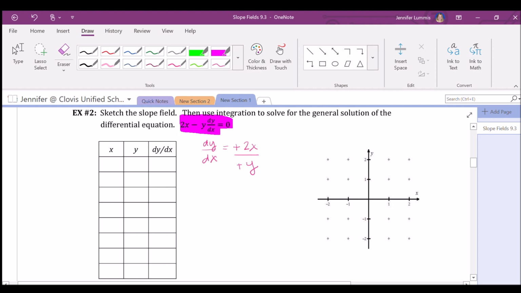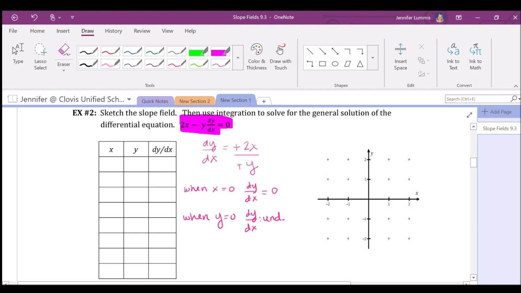Some interesting things we can actually get from this. First of all, when x is 0, dy/dx will equal 0, except in the one case when y is 0, bad things happen, right? Can't divide by 0, so dy/dx is undefined.